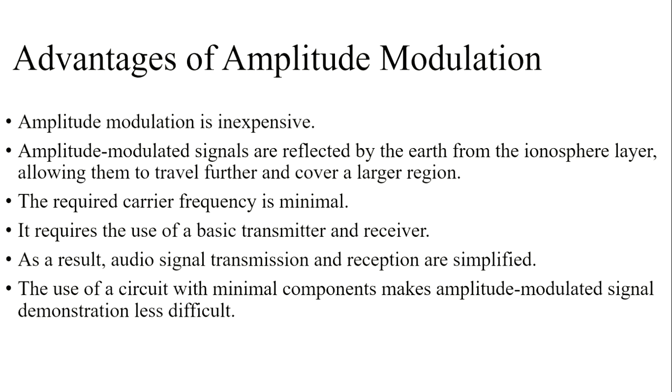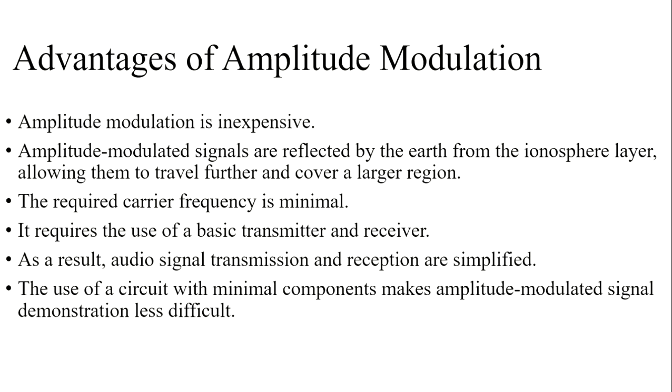Next we go to the advantages of amplitude modulation. First, amplitude modulation is inexpensive. Second, amplitude modulated signals are reflected by the ionosphere layer of the earth, allowing them to travel further and cover large regions.